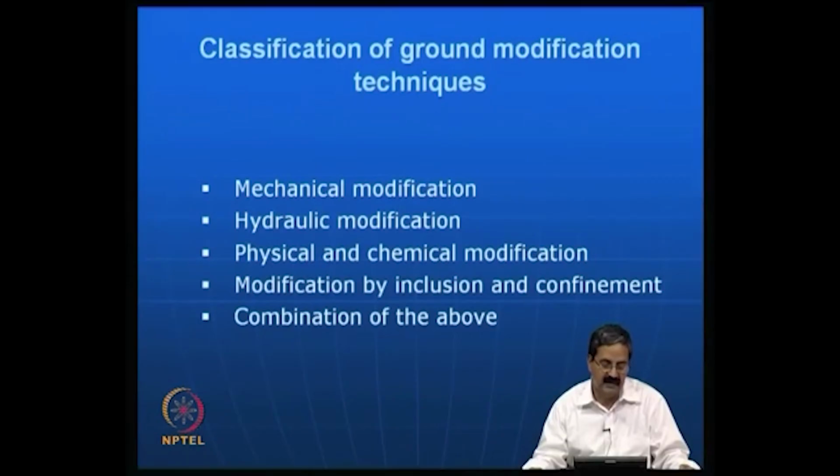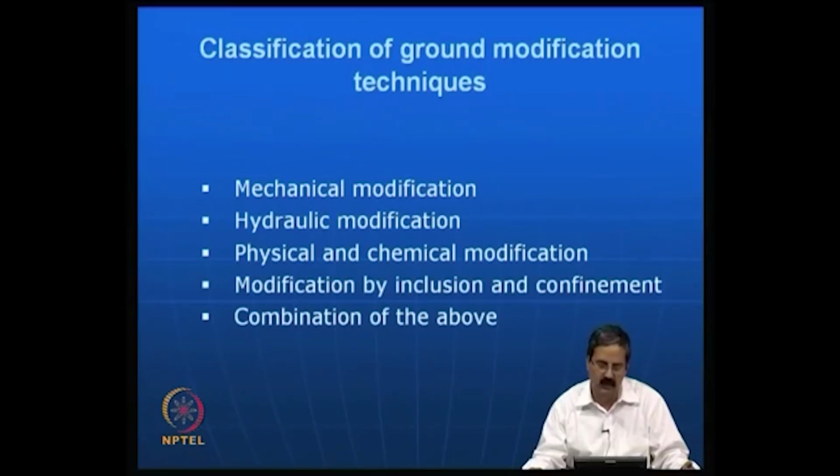Then the second thing is hydraulic modification, in which we know that the shear strength of the soil is low when the water content is high. So, you try to remove some amount of water by preloading or by increasing the drainage by prefabricated vertical drains, which we will discuss.